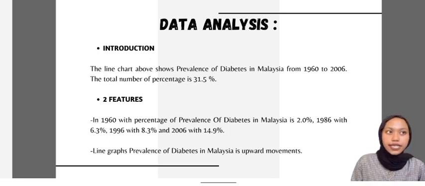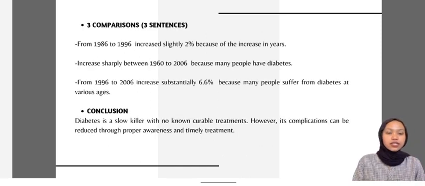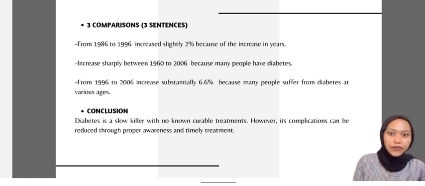For comparison in the line graph, firstly, from 1986 to 1996 it increased slightly by 2% because of the increase in years. Second, it increased sharply between 1960 and 2006 because many people have diabetes.